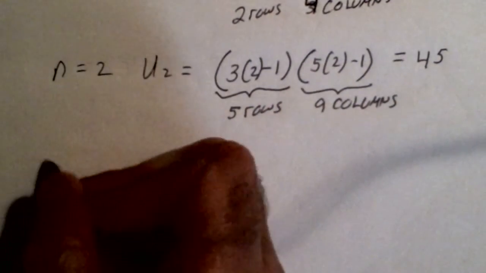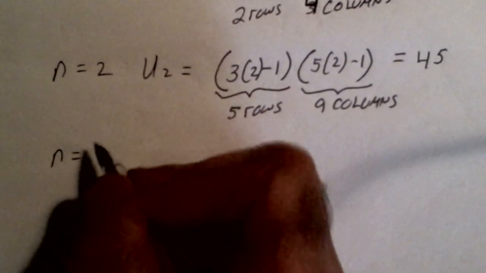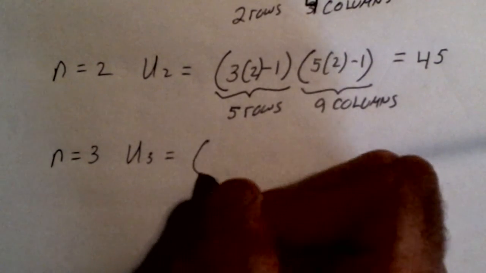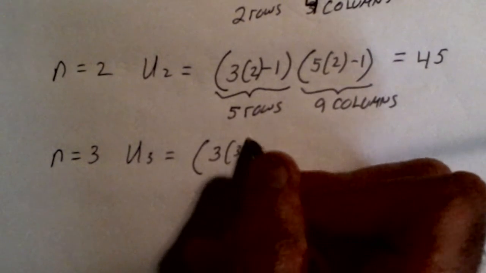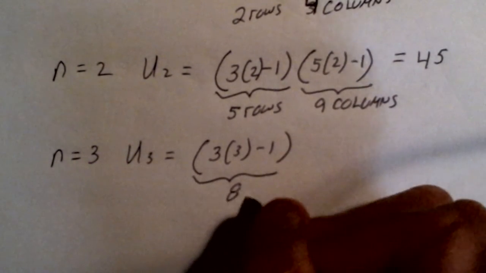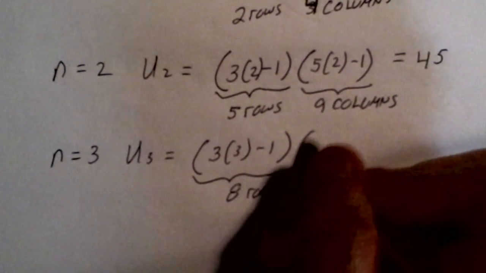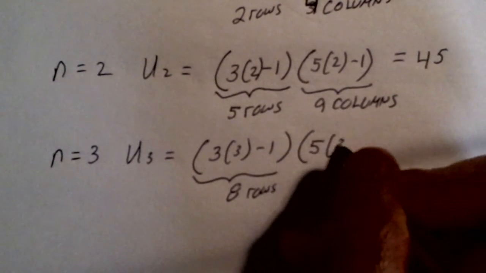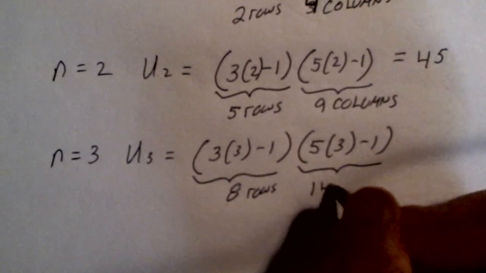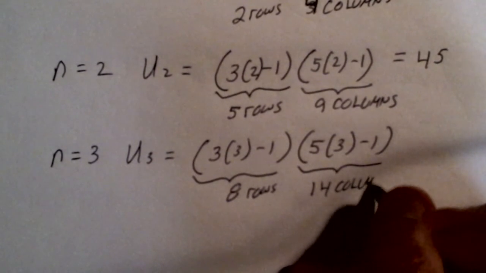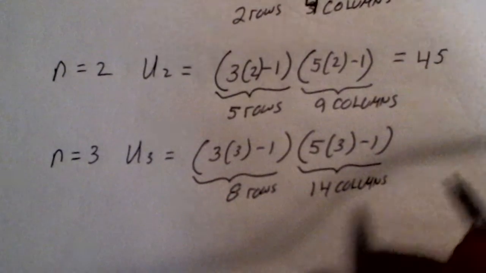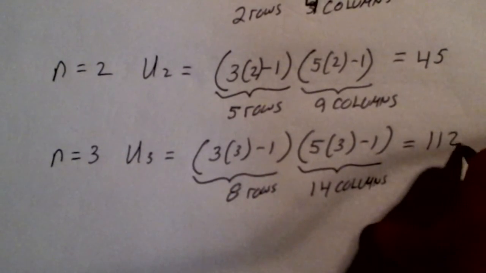The third value in our sequence, when n is equal to 3, means we added 3 times 3 minus 1 rows, which means we added 8 rows, by 5 times 3 minus 1, or 14 columns. And 8 times 14 gives us 112 cubes.